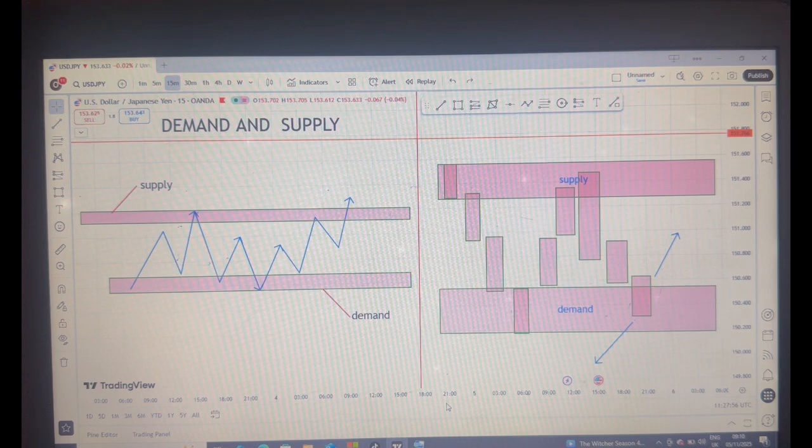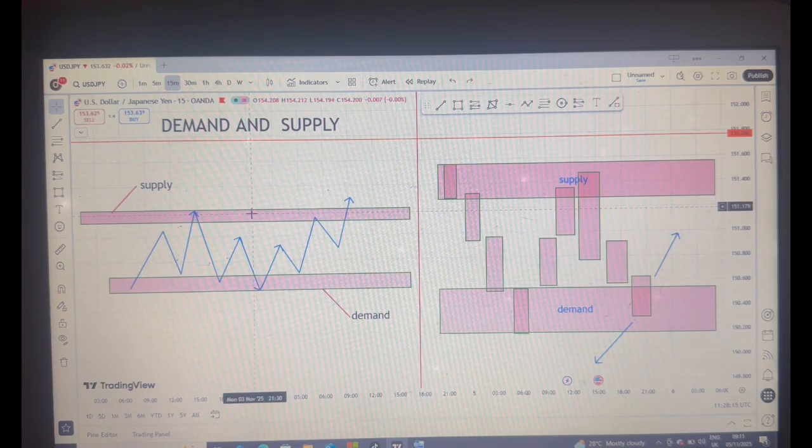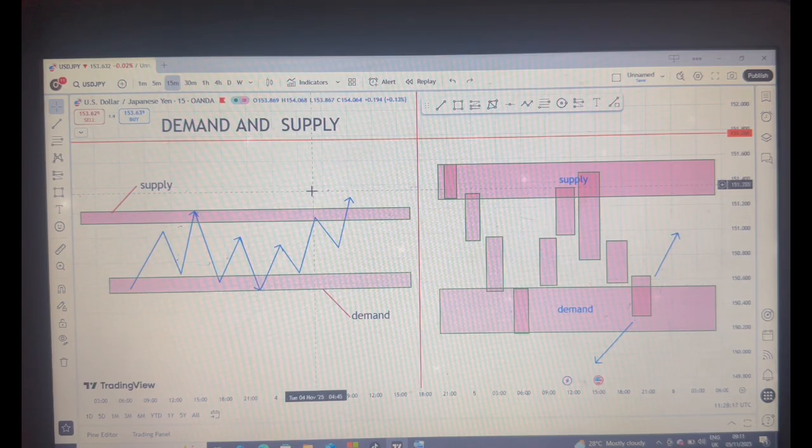So when you demand something, to buy that particular product, it reaches a certain extent whereby after meeting and after agreement, the seller is now ready to supply those things. Just like you can see here, after the demand, there comes the supply. After you buy, it gets supplied to you.